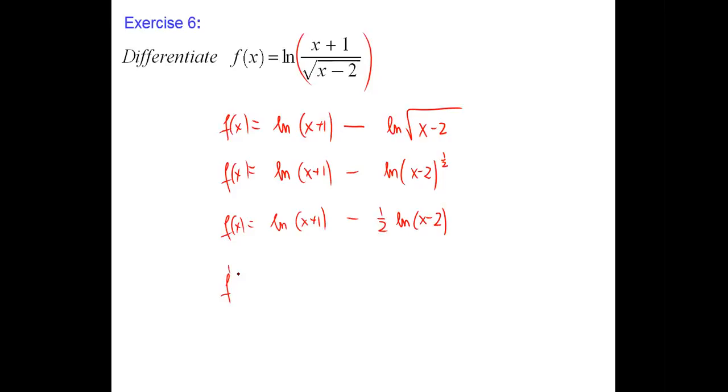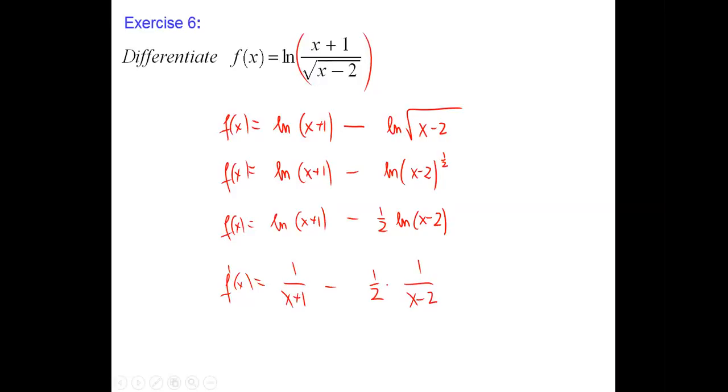Okay, and now it's nice and easy. Derivative of ln of x plus 1 is just 1 over x plus 1 times the derivative of x plus 1, but that's just 1. Copy the constant, then the derivative of ln of x minus 2 is 1 over x minus 2. Done. I can probably combine them with a common denominator, but that's it. We can see how nice and quick this is, instead of applying a quotient rule and a chain rule, which would be too much.